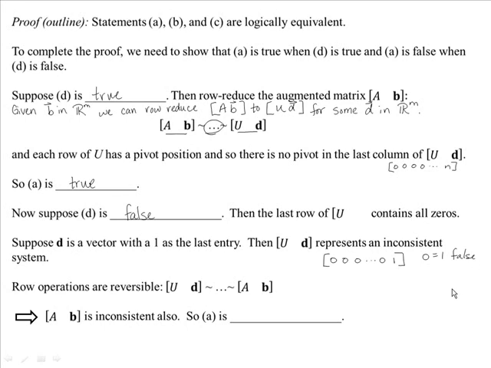Then my matrix [U d] represents an inconsistent system. And since row operations are reversible, I can go backwards from my matrix [U d] to my matrix [A b], and thus show that [A b] is also inconsistent, just like [U d] was. That shows that A is false, meaning I will not have a solution to Ax = b for each b. And this is a proof of Theorem 4.